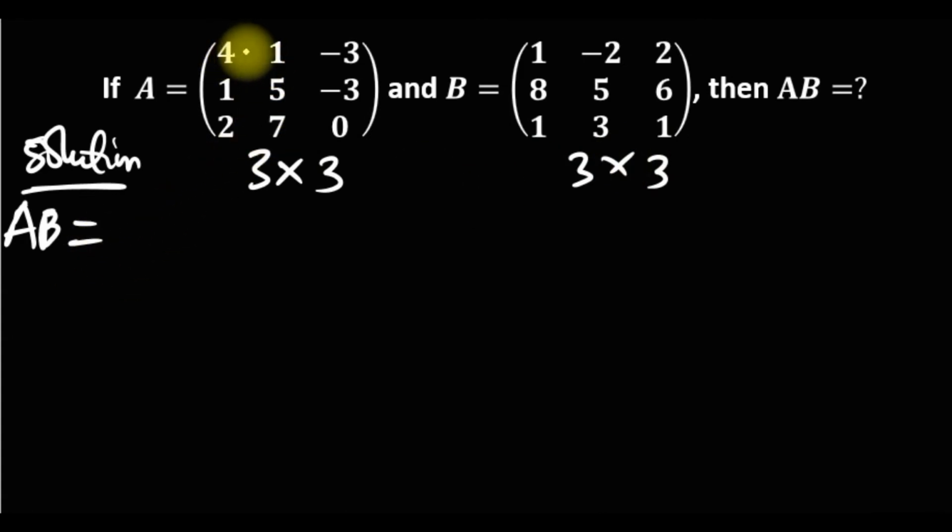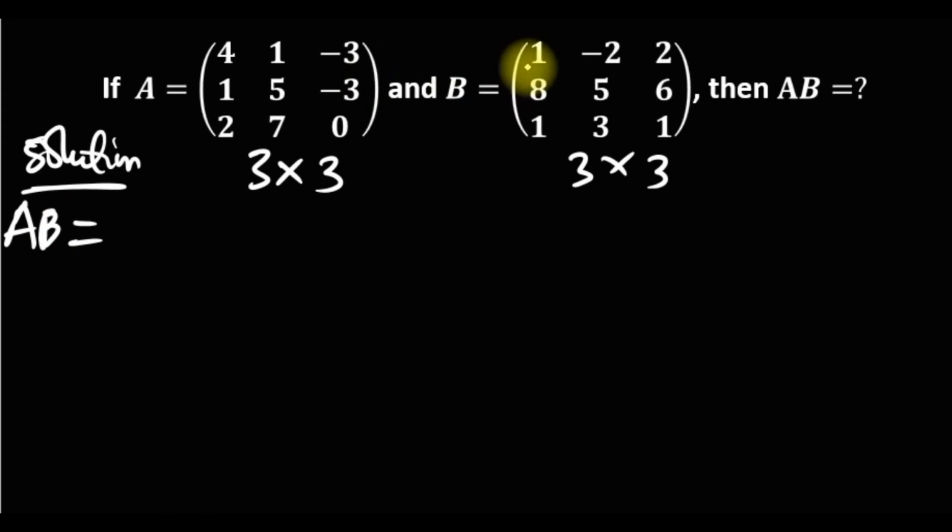So we start with 4. Remember, the first row we'll multiply by the first column. After that, the same first row, we'll multiply by the second column. After that, the first row again, we'll multiply by the third column. After we have done with the first row, we'll go over to the second row. So that's how we do it. So let's go.